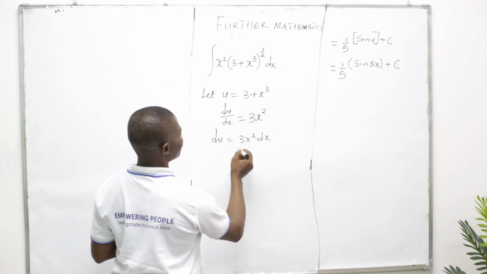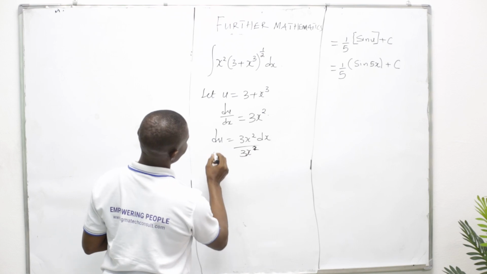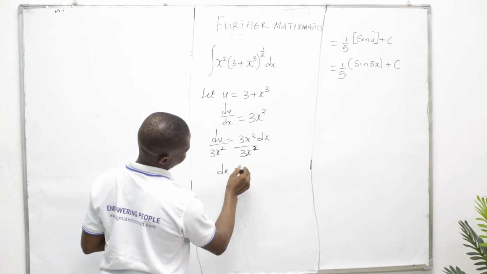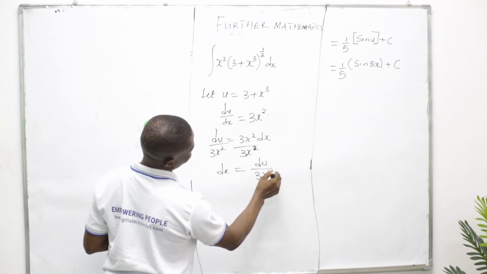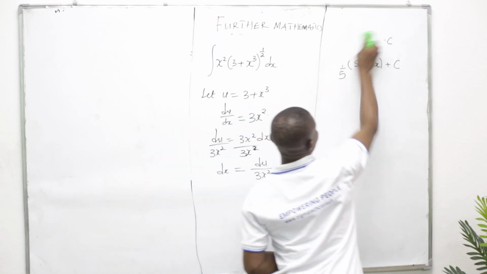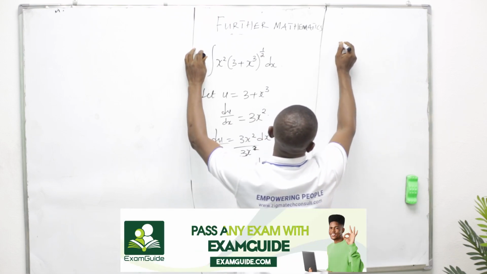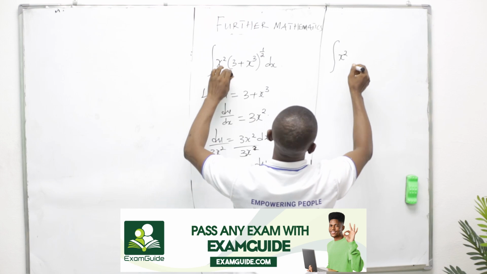Making dx subject of the formula, that's dividing through by 3x squared. dx now equals what? du all over 3x squared. Good. Now you can bring it into what is given to us.